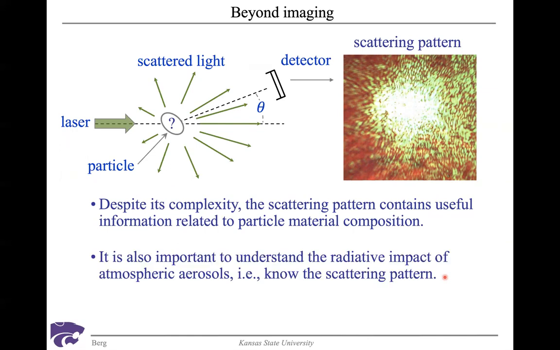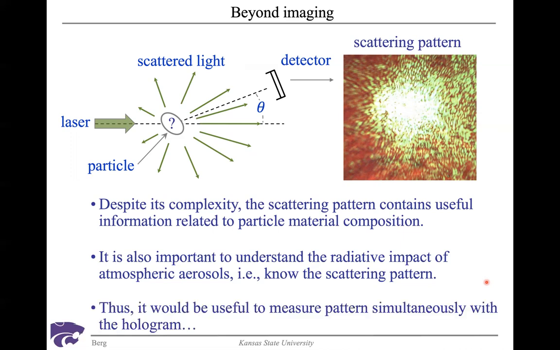But perhaps more importantly, for atmospheric science aspects, it has particular radiative importance in atmospheric studies, such as how much sunlight do these particles scatter back into space when they're in the atmosphere, how much might they absorb, etc. And so it'd be nice to develop a method where we can both image these free-flowing aerosol particles and measure the light scattering patterns.